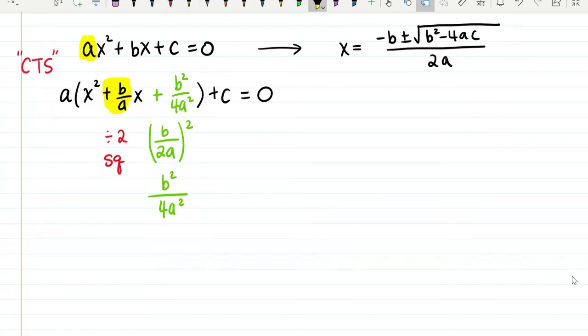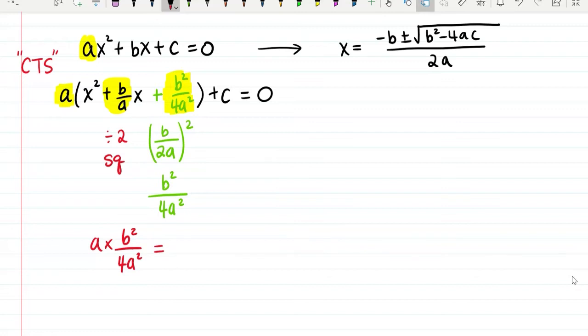So even though we use that value to make the expression a perfect square, because of the a in front of the bracket, the actual value that we added to the left side of the equation is actually a times b squared over 4a squared.